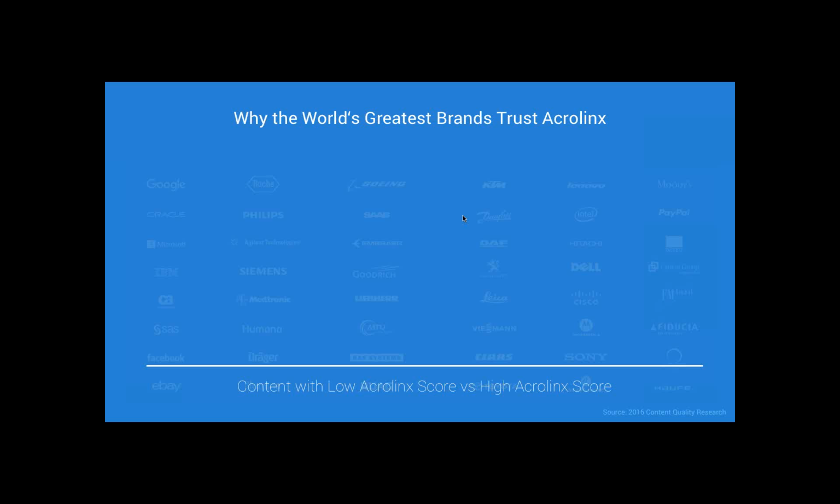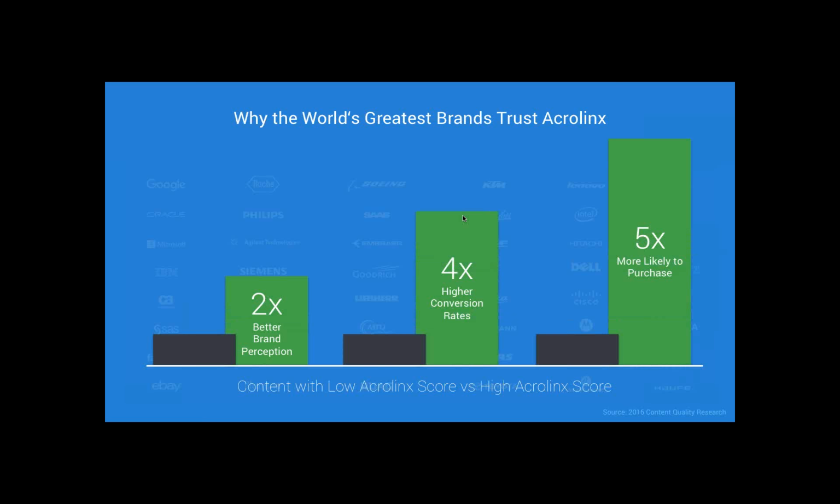We wanted to look at brand trust, the conversion rate on certain types of content, and the likelihood to purchase. And across all of those, the higher quality content score drove a much higher rate of brand trust, conversion rates, and purchases. Now, this for people who are held accountable for certain metrics is huge.